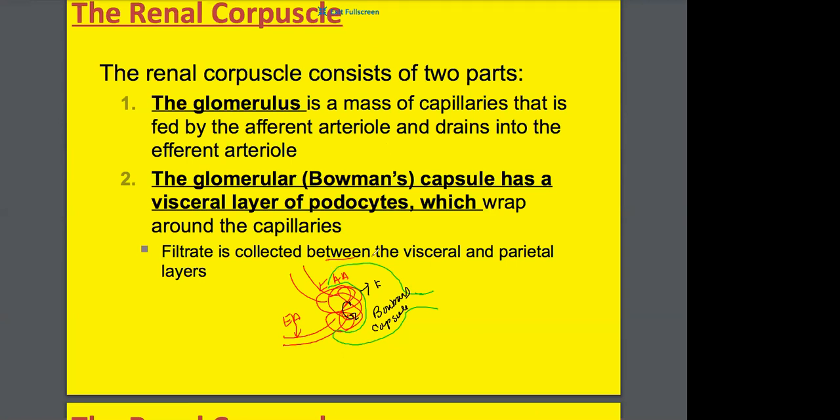All right. So this part here is the glomerulus and the Bowman's capsule, massive capillaries. This is called the renal corpuscle. So the glomerulus plus the Bowman's capsule equals the renal corpuscle.